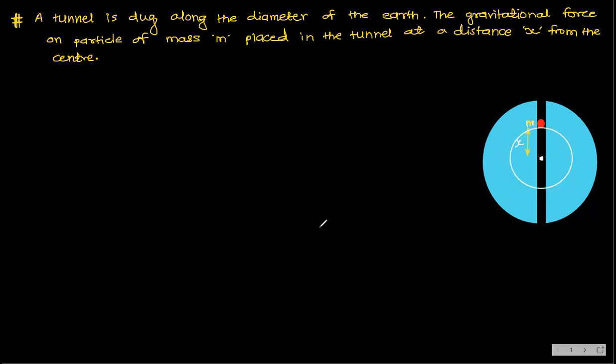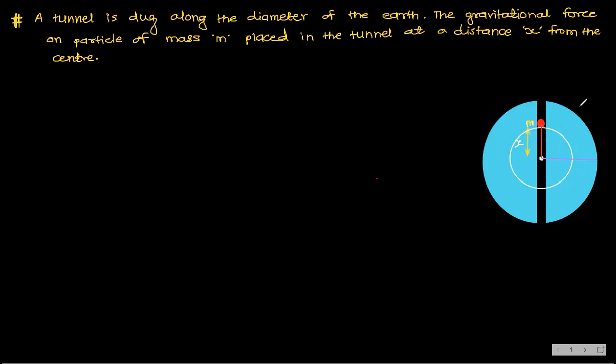So now this is the actual radius, this one. And this distance, this red one, is x, and the mass is m.